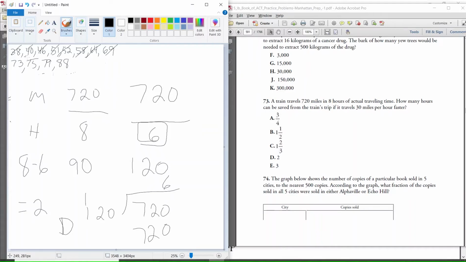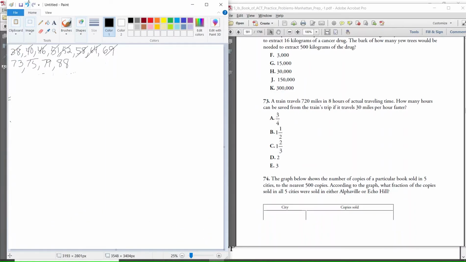Another way to think about this one is with the following relationship. Whenever they're talking about speed like this in miles per hour or kilometers per minute or anything like that, you can do distance equals rate times time. Originally we had a distance of 720 miles equals some rate times 8 hours. Then we wanted to find the rate, so we would divide 720 by 8, and we'd get the rate is 90.